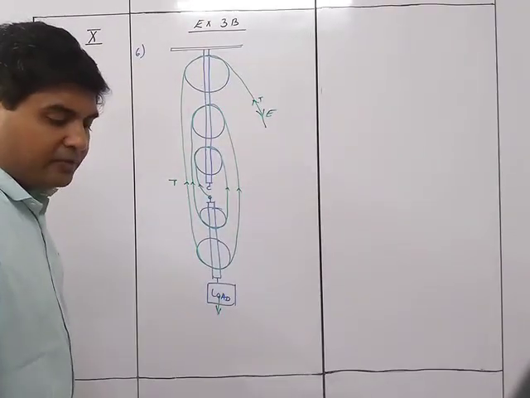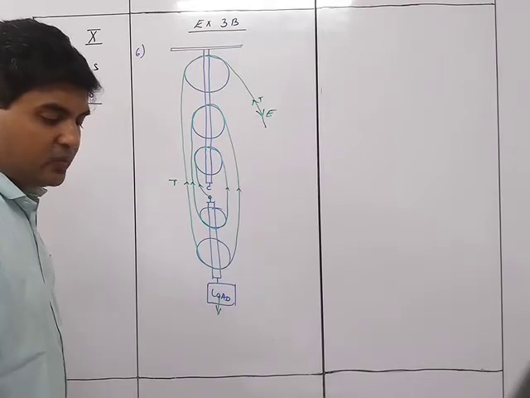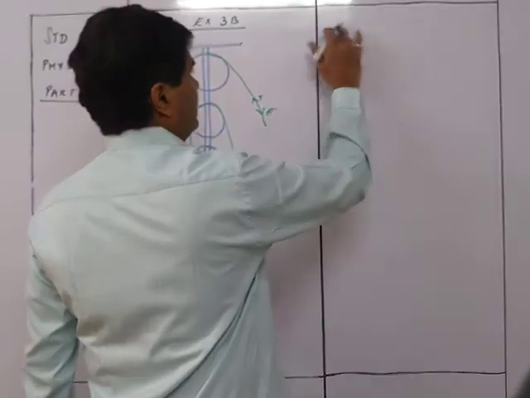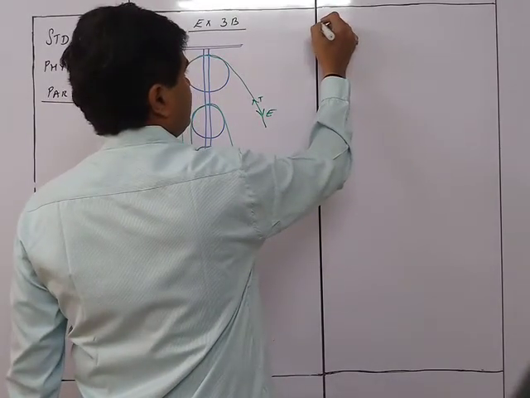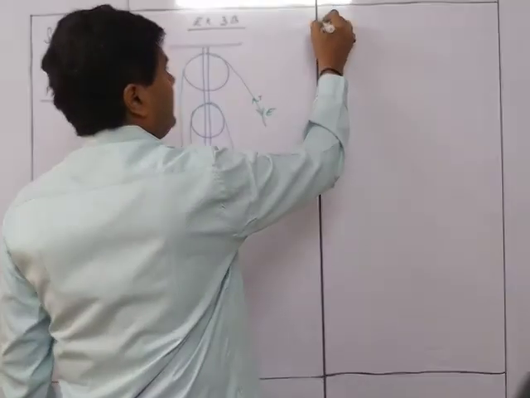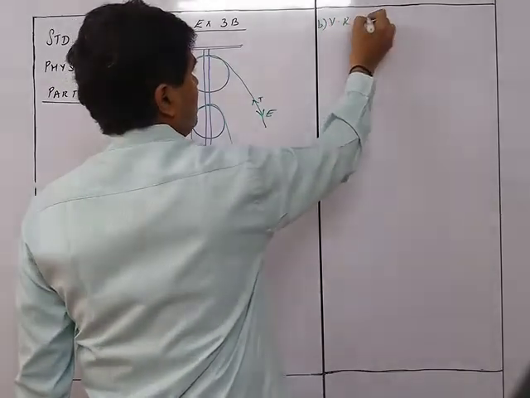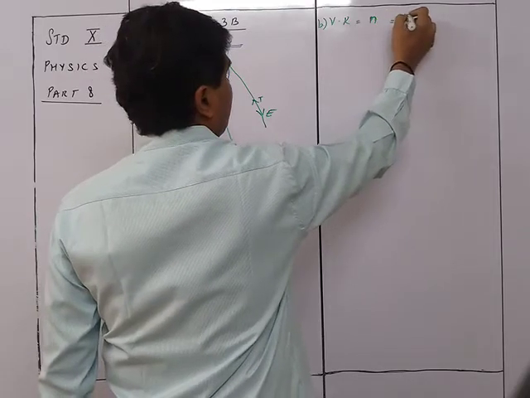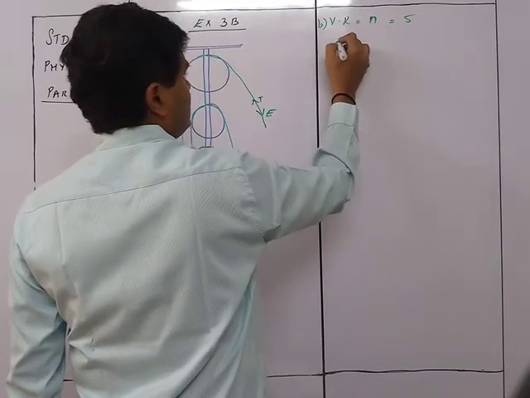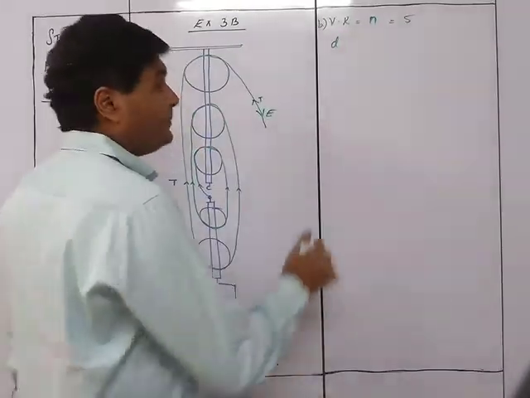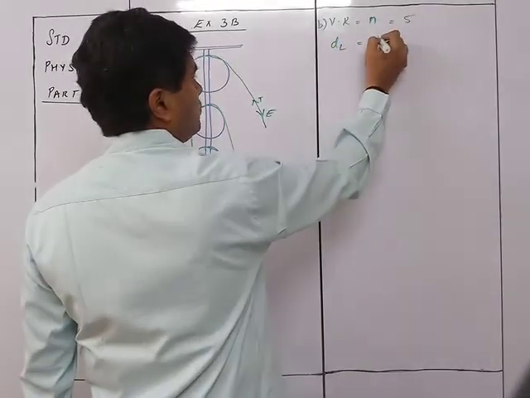If the load is raised by 1 meter, through what distance will the effort move? So the first question is, we have here the VR. So the second one over here is the B part. VR is equal to N, so that is equal to 5. Now for the distance moved by the effort, they have given that the load is raised by 1 meter, so the distance moved by the load is 1 meter.